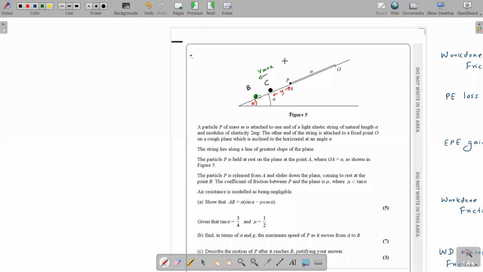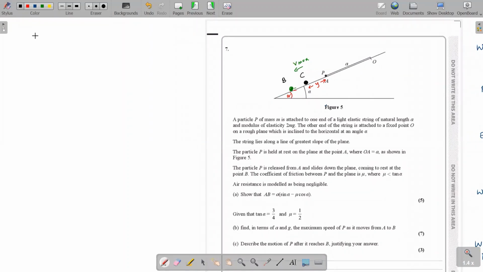So what we do here is again, we will consider the work energy principle, not from A to B, now from A to C. Again, what are the energies we need to consider? Again, we have work done against friction from A to C. What is the work done against friction?